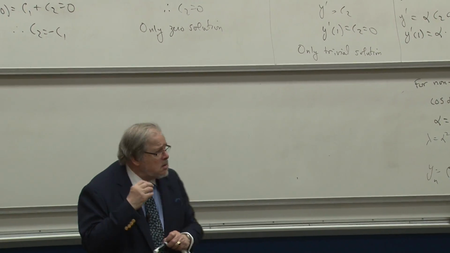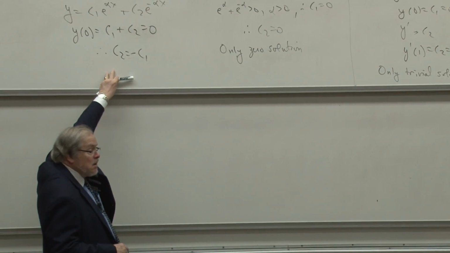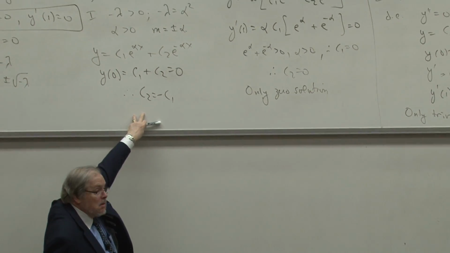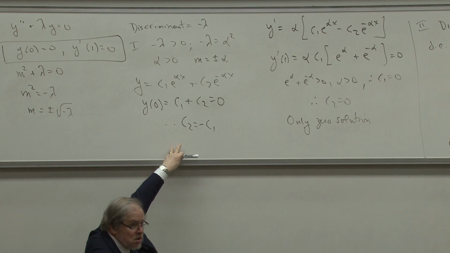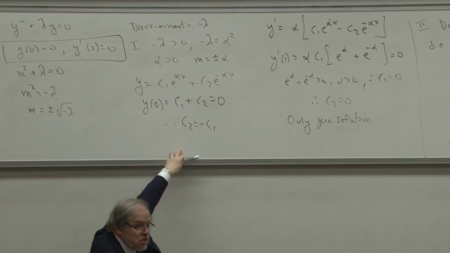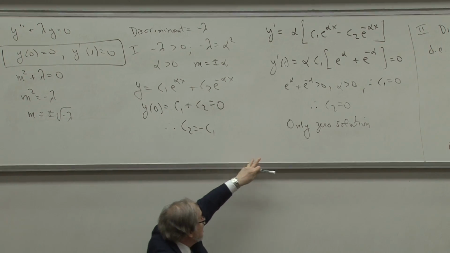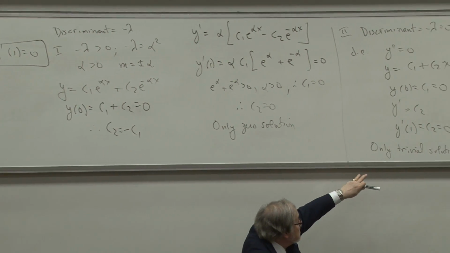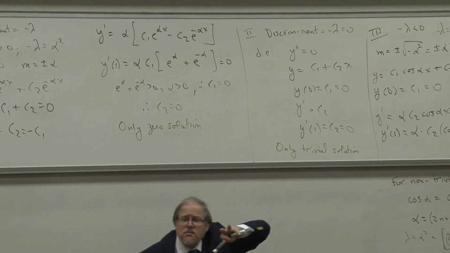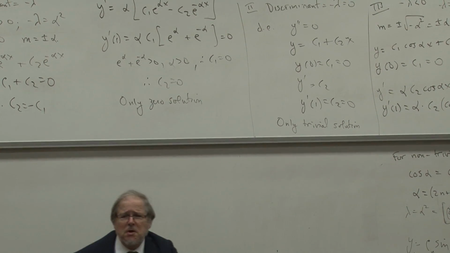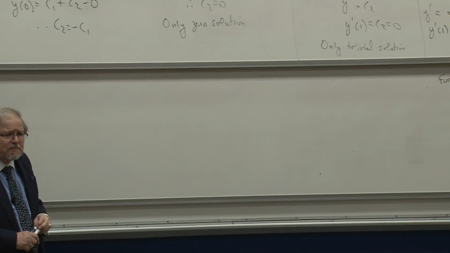So that's the procedure in general. The case with the exponential solutions, by and large, does not give an eigenvalue. The case of zero discriminant, lambda equals 0, gives eigenvalues, especially when we have both of the boundary conditions involving derivatives.